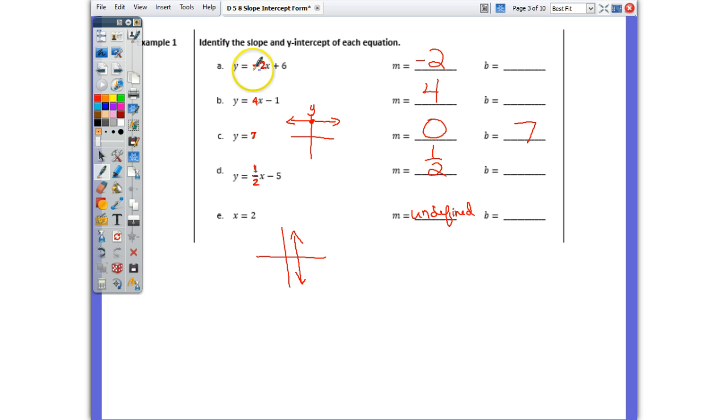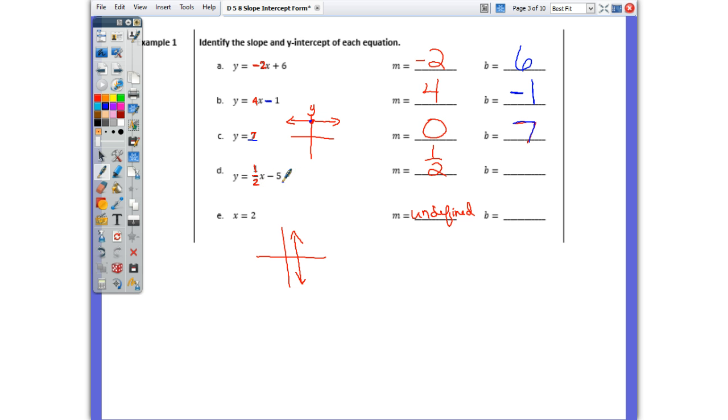What's the y-intercept of this equation? 6. What's the y-intercept here? Negative 1. Nice, even got the negative, because it is a negative right here. And we already said the y-intercept here was the 7. What's my y-intercept here?